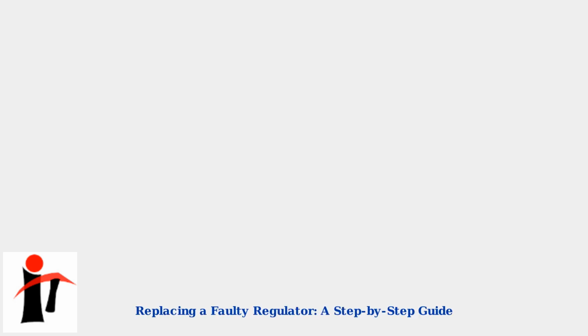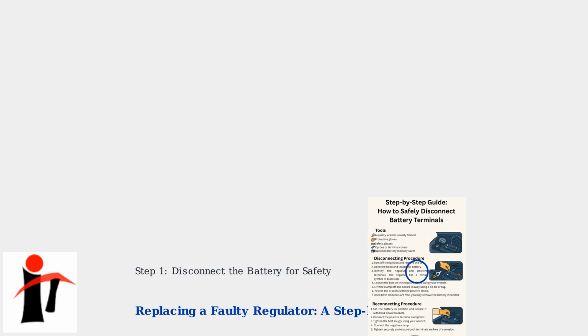When lubrication and manual overrides fail to fix the sunroof issue, replacing the faulty regulator is the next step. This requires accessing the roof cavity through the headliner, so safety is crucial. First, for safety, always disconnect the battery terminals to prevent accidental activation of the sunroof mechanism. This avoids injury from moving glass or electrical issues.